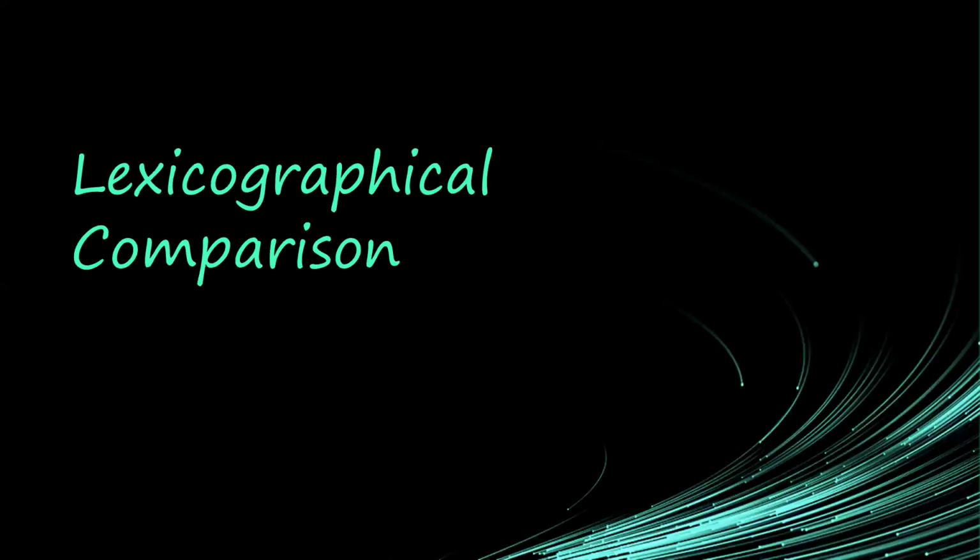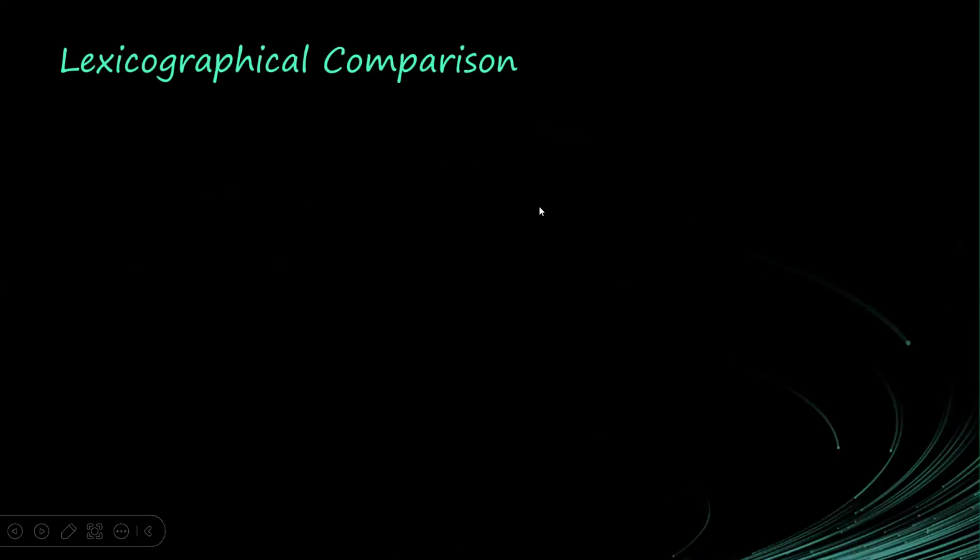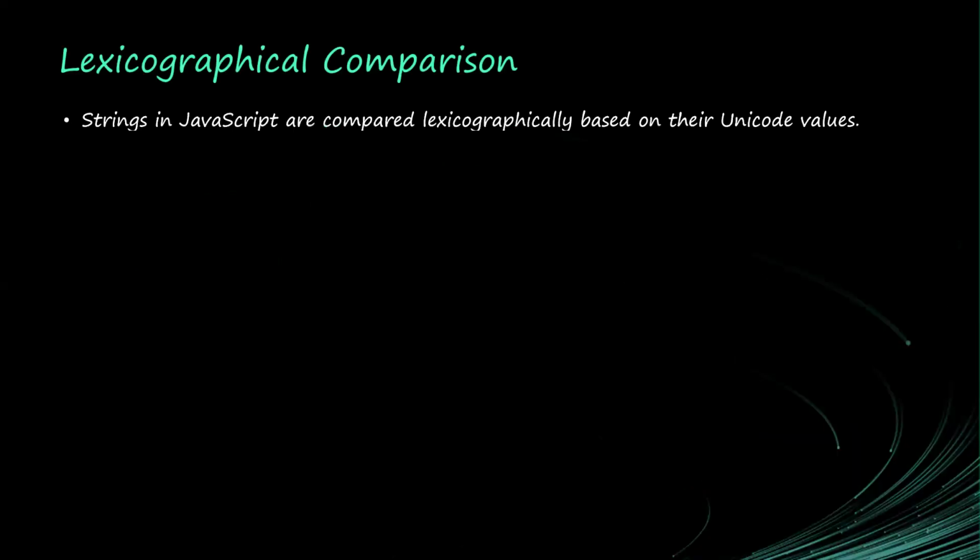So when we do lexicographical comparison, we are more of doing relational comparison, all right? We are checking if a particular string is less than or equal to a particular string. And strings in JavaScript are compared lexicographically based on their Unicode values. All right? Based on their Unicode values.